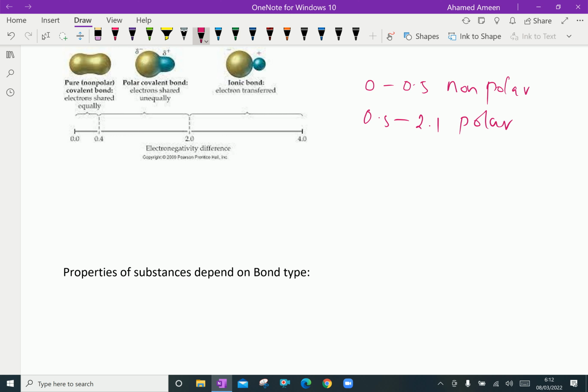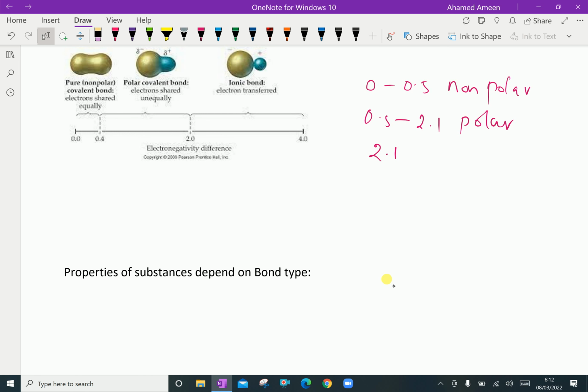Then larger than 2.1 is an ionic bond. The bond is usually ionic if the electronegativity difference is more than 2.1.